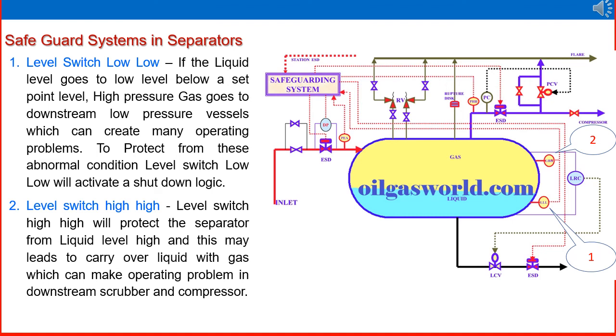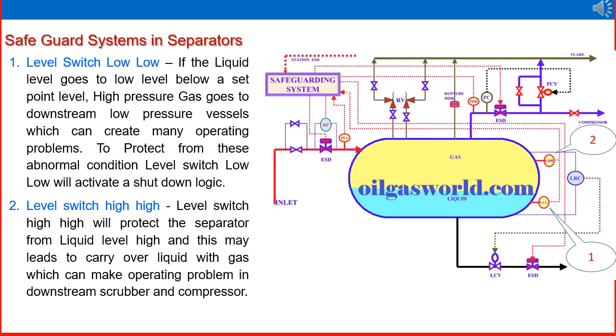When it reaches the set point, it will automatically shut down the inlet and close the outlet liquid line valve. Sometimes it will open the ESD gas line BDV, or sometimes it will not, according to the logic.